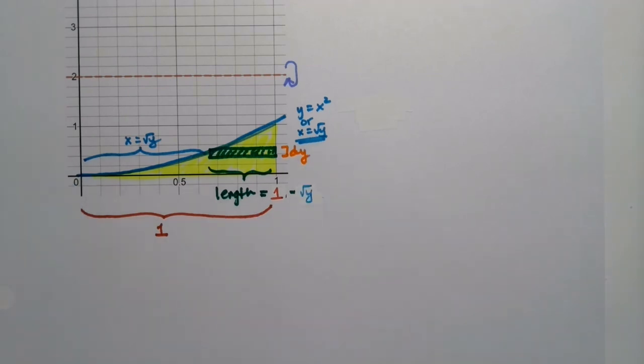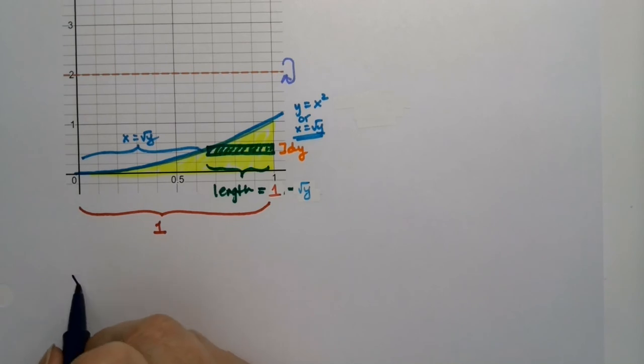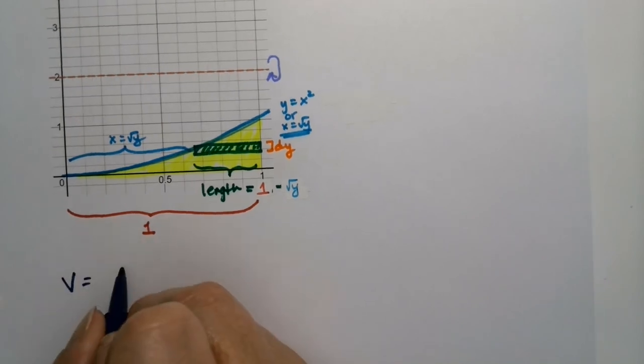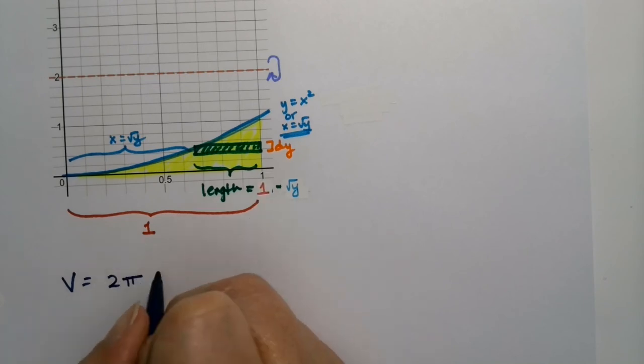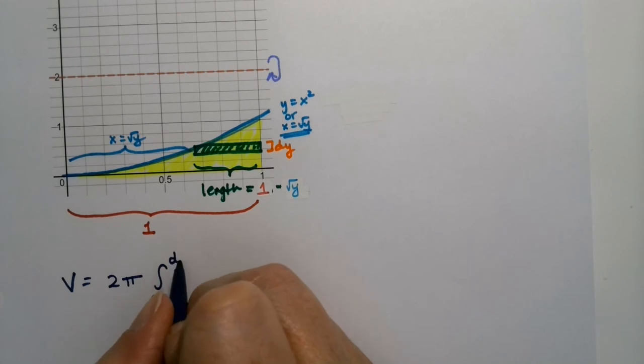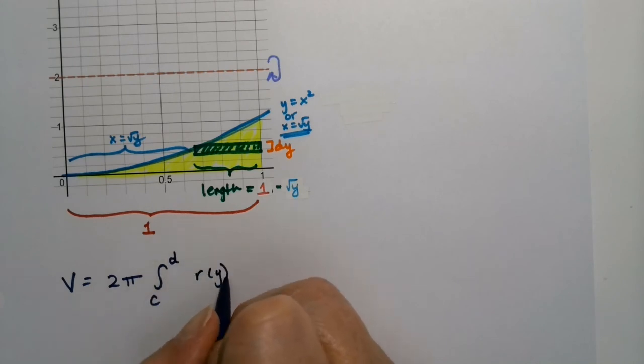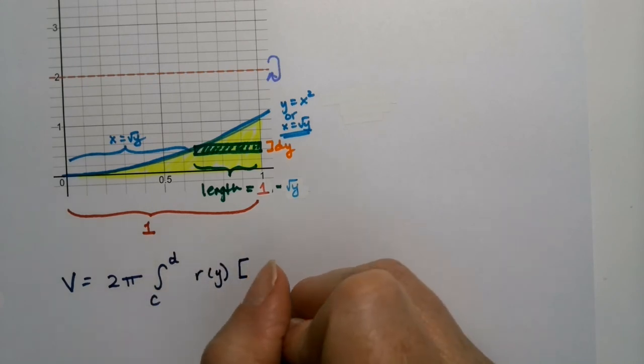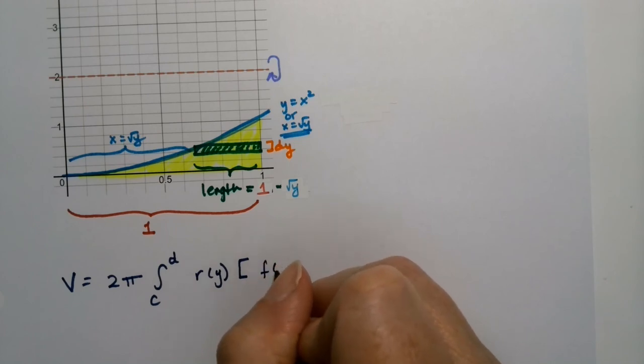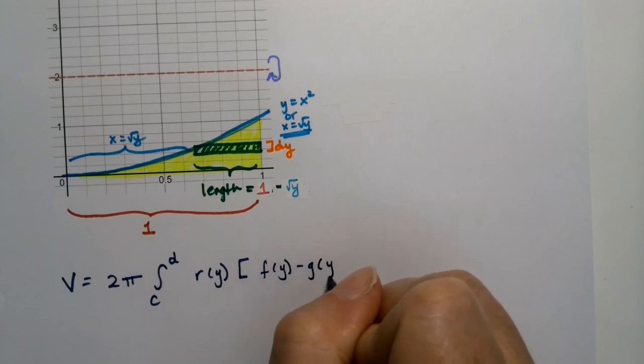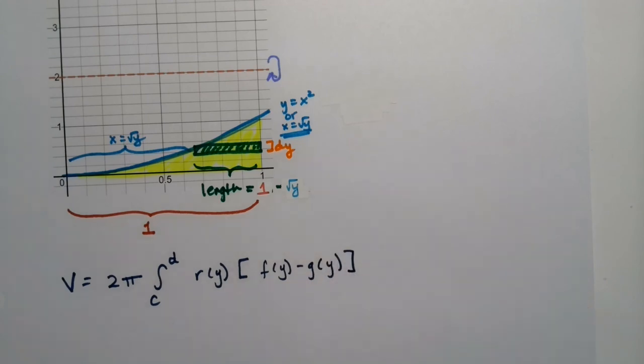Oh, and for the record, what I'm trying to do here is fill into my volume formula. I know that the volume has to be, because I'm locked into dy, 2 pi integral c to d r of y times, well, it's the length. So it's f of y minus g of y, but that is the length. And then I know I'm dy.